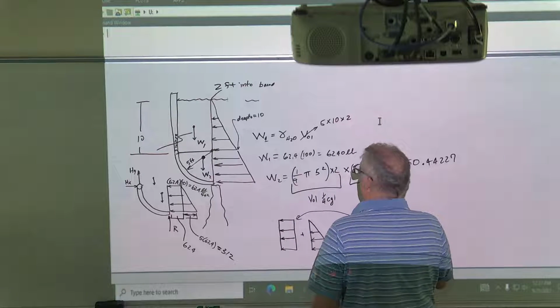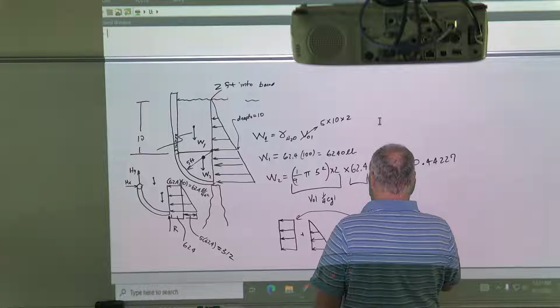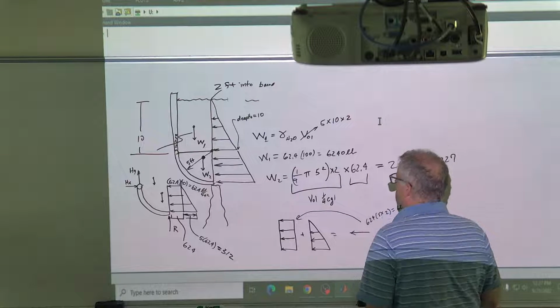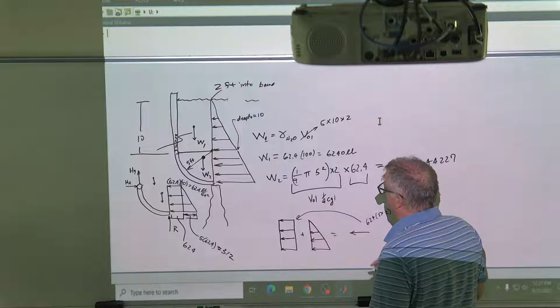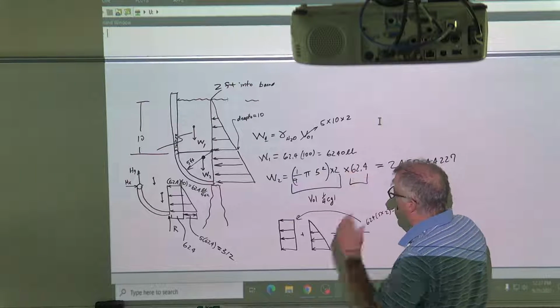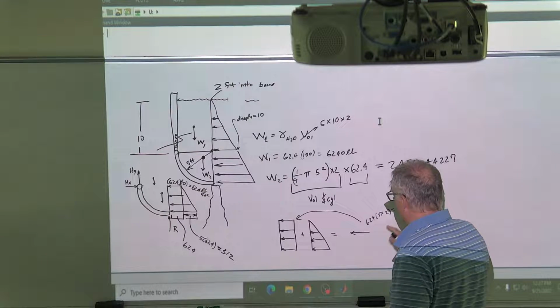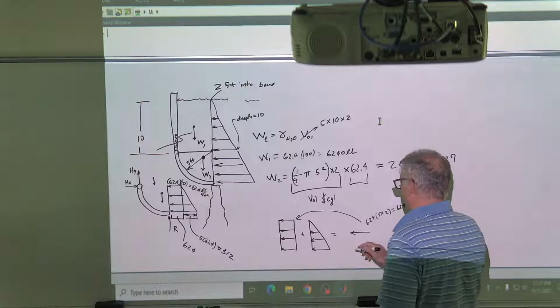Well, that's convenient, 5 by 2, or 6240. This is purely out of luck. But anyway, 6240 acting right in the center.